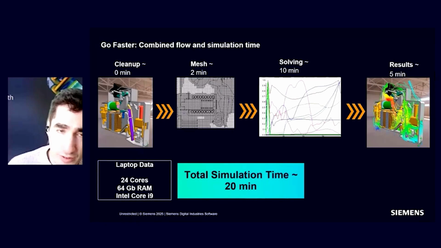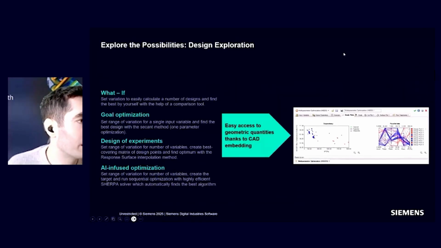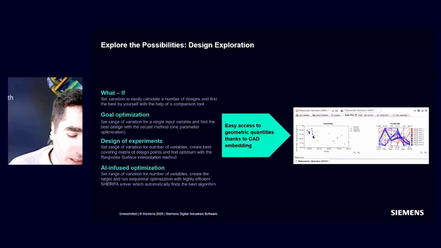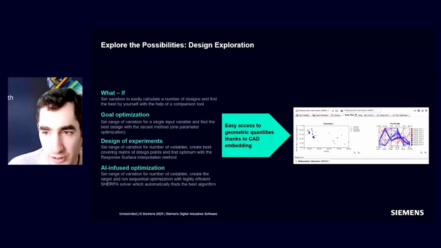So this opens the door to the fourth pillar, which is explore the possibilities. If one simulation takes a reduced time, this means that we don't stop at one simulation, but we can explore, we can investigate a range of different configurations.